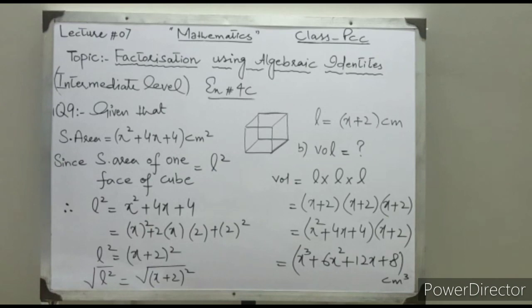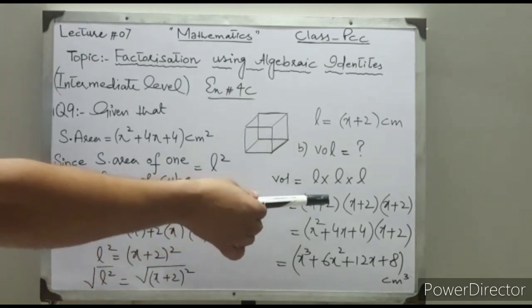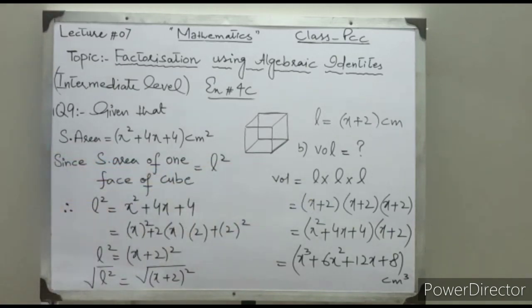Now in the second part we have to find the volume of the cube. Volume of the cube is length multiplied by length multiplied by length, because in a cube length, width and height are the same. So we can write x plus 2 into x plus 2 into x plus 2. Multiply these three brackets.